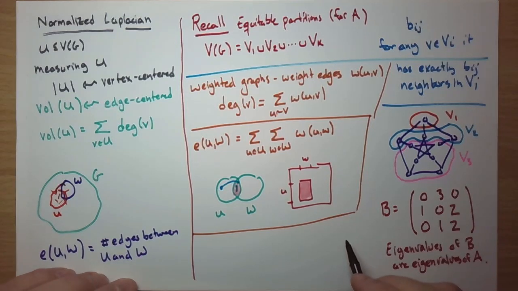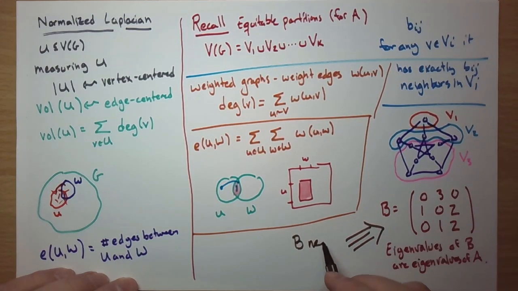And that is, if you look at B, it's not necessarily symmetric. So B need not be symmetric.